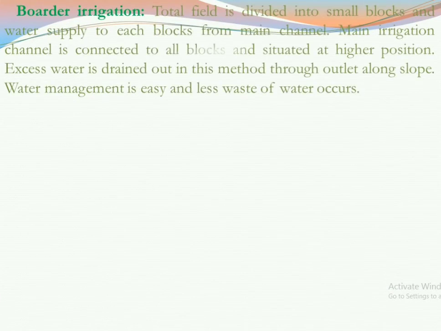Our third irrigation method is the border irrigation method. In this process, the total field is divided into small blocks and water is supplied to each block from the main channel. The main irrigation channel is connected to all blocks, and the main channel is situated in a higher position.